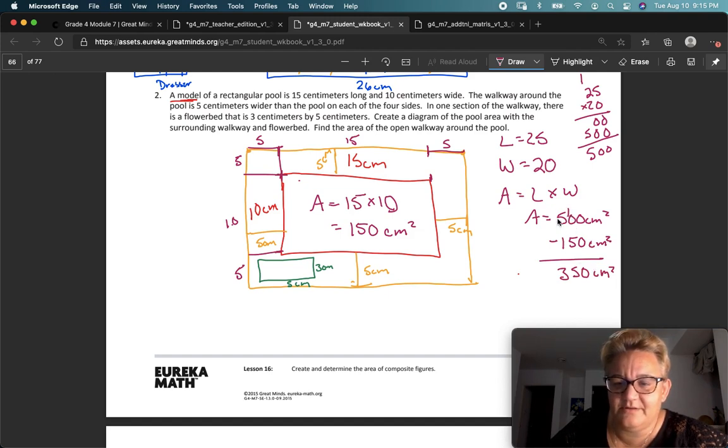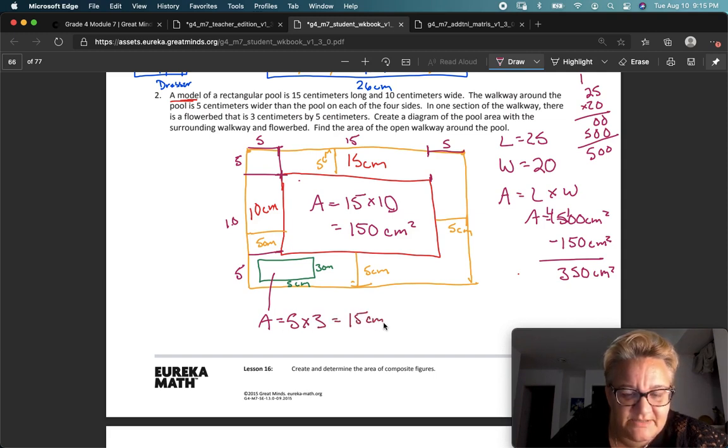I borrowed here, right? Okay, then I want to subtract the garden. So the garden, the area of the flowers, is 5 times 3. So that equals 15 centimeters squared. So I'm going to subtract that as well.